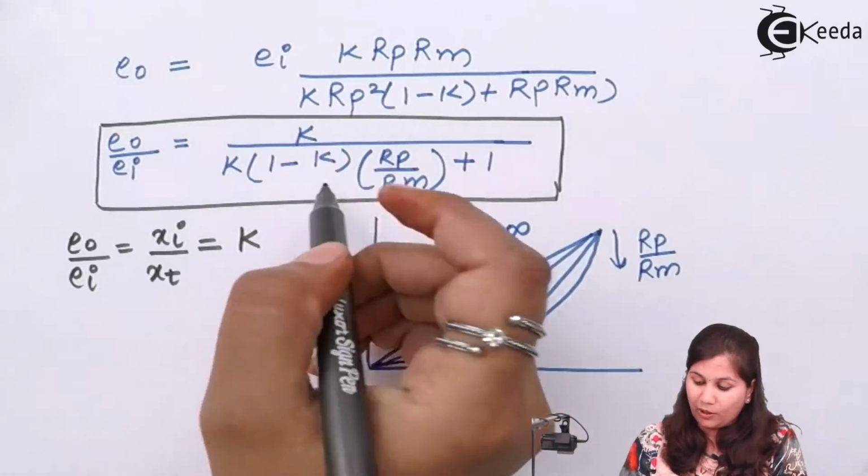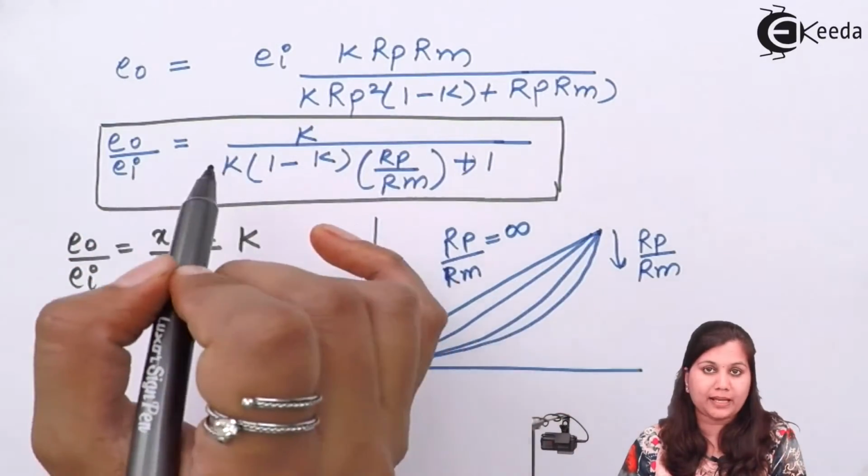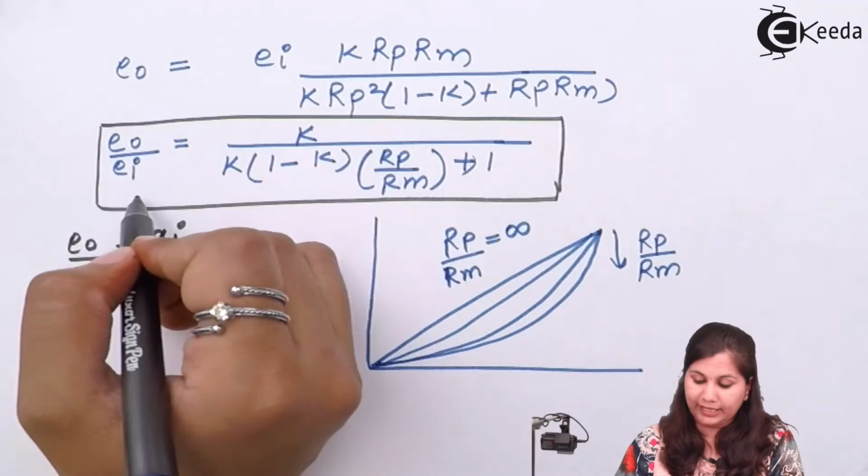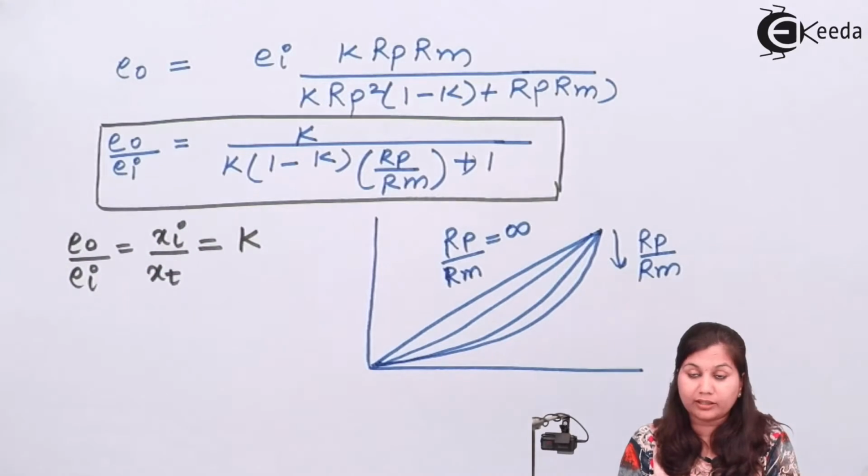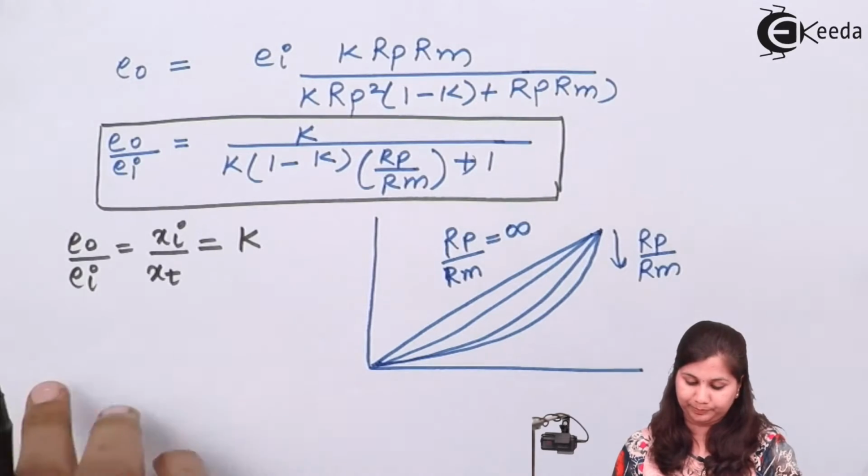So you can see how a non-linear relationship comes out between E naught and Ei when we consider the resistance of the output measuring device also.